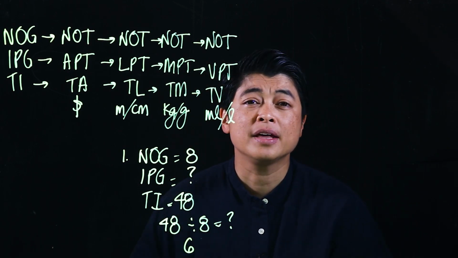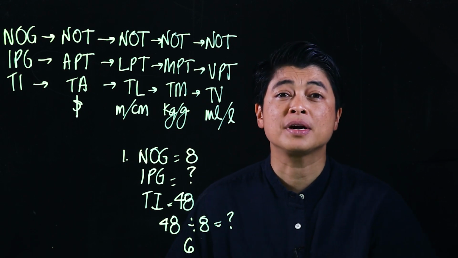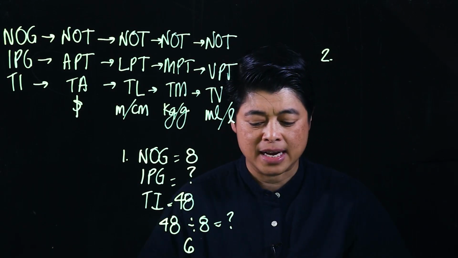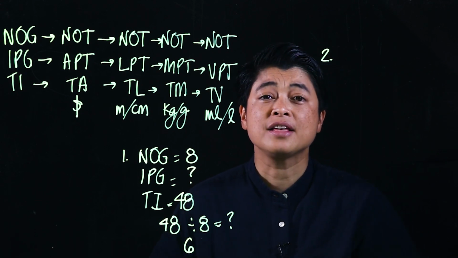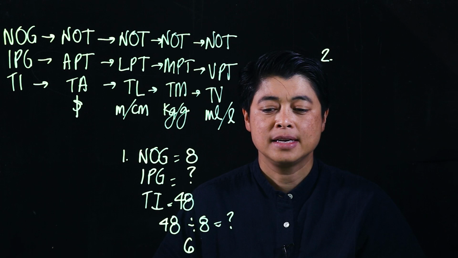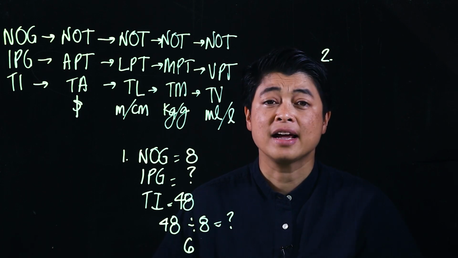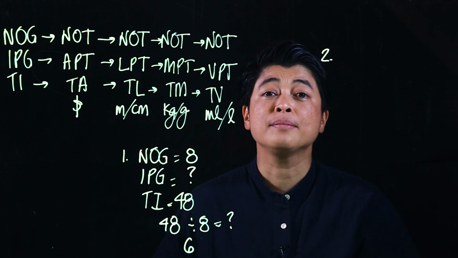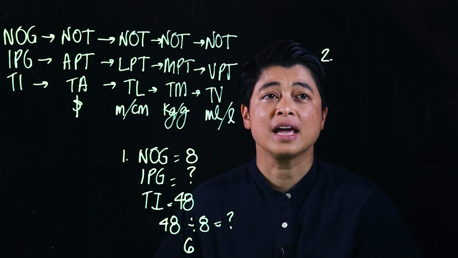Another problem that we will do is problem number 2. It says, place 63 cookies equally onto plates. And then it says there are 7 cookies in each plate. Question is, how many plates are there altogether?